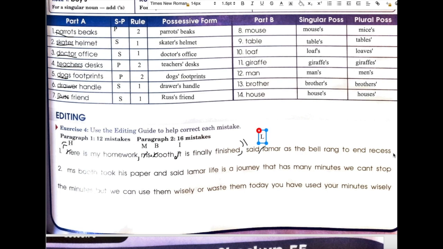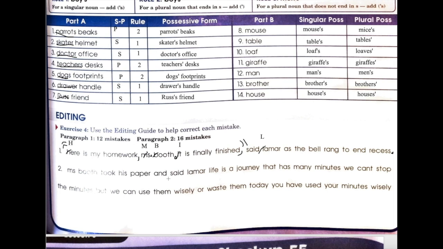As the bell rang to end recess, period. All right, let me count the mistakes. 1, 2, 3, 4, 5, 6, 7, 8, 9, 10, 11, 12. Okay, we have them all on number 1. I made a couple of mistakes at first, but now they're all correct.